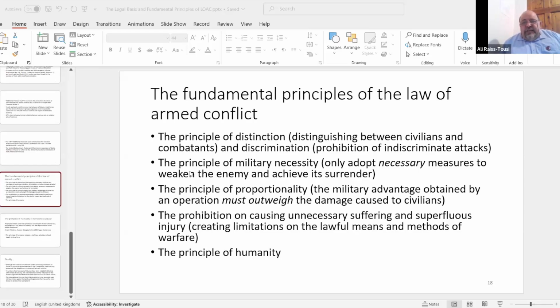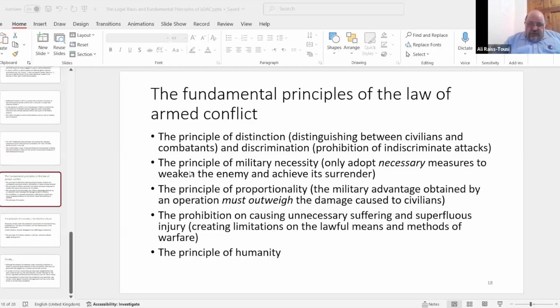The principle of military necessity. Only take measures that will weaken the enemy to the extent that will achieve the enemy's surrender, which is the ultimate political goal that, if we remember the quote from Gary Solis, Professor Solis, on the very first slide, is what states want. If you cannot achieve your aims through peaceful means, and therefore you resort to non-peaceful means, you resort to armed conflict, what you want, your ultimate aim, isn't violence and destruction for the sake of violence and destruction.